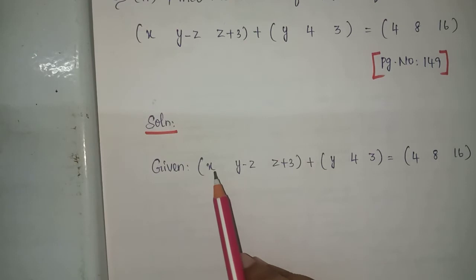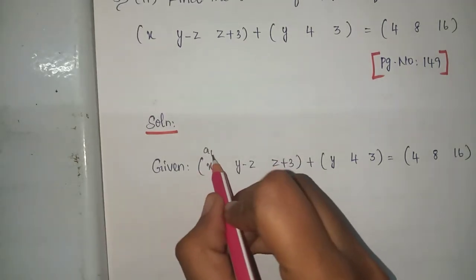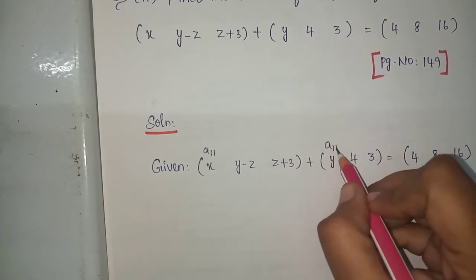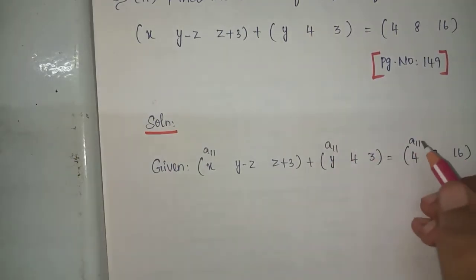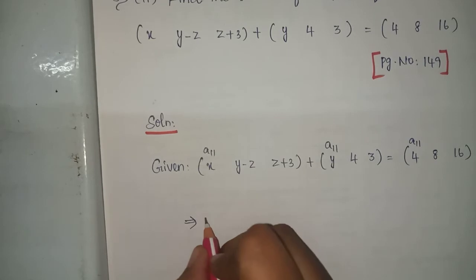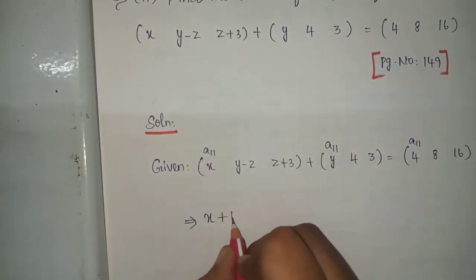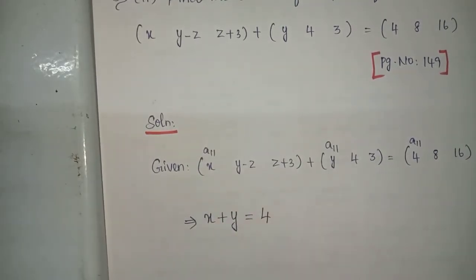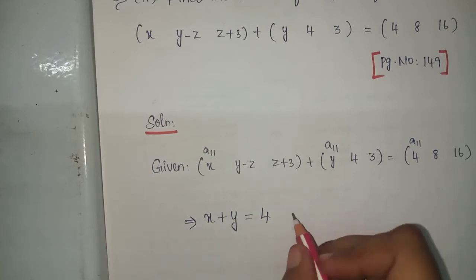The step is to add the corresponding elements, that is the A11 position. This is A11 and this is also A11, which implies x plus y is equal to 4. This is your equation number 1.